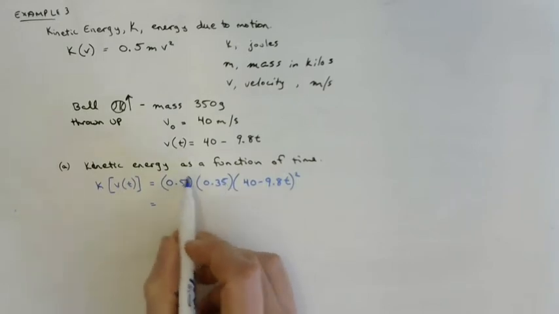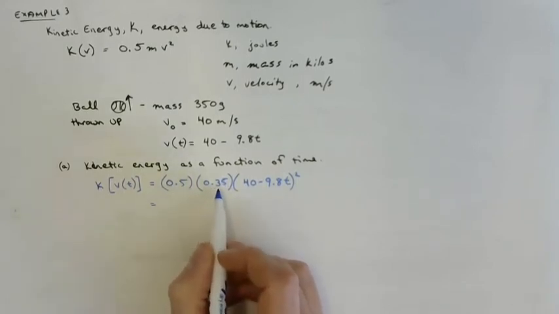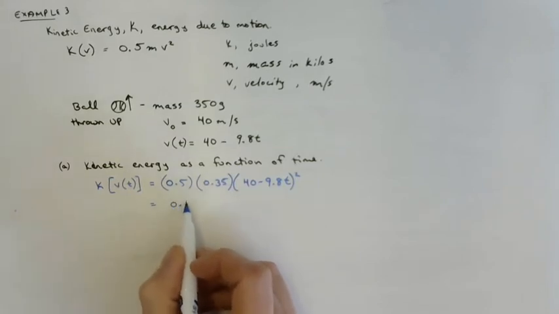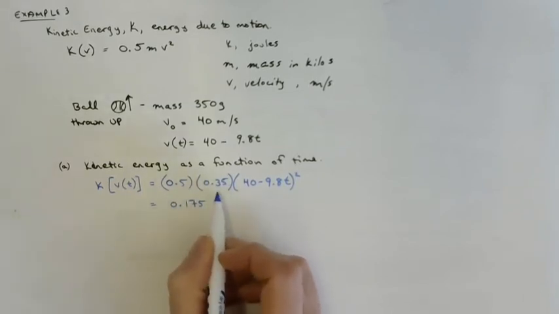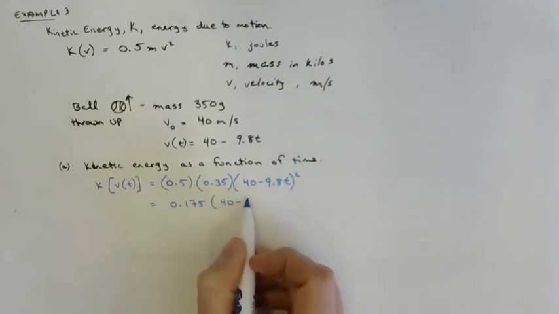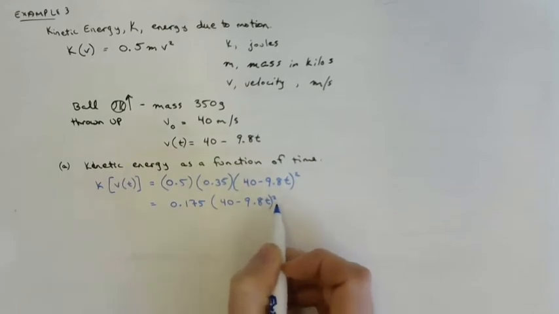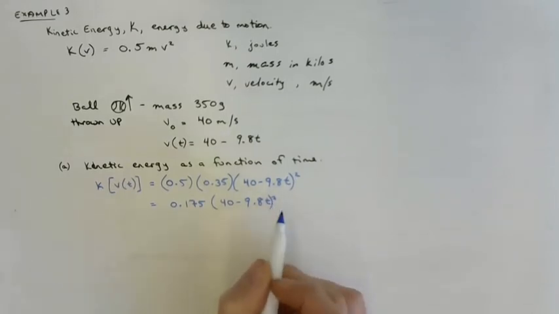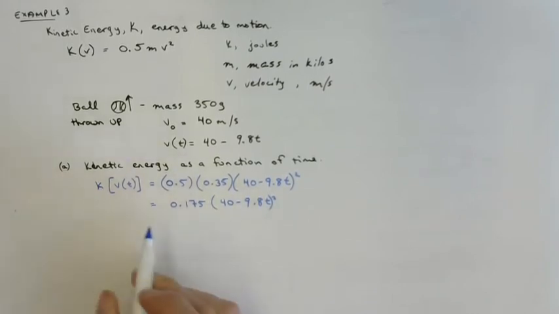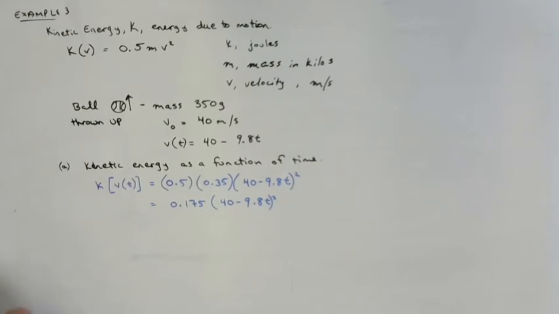We're going to simplify just the first part of this, 0.5 times 0.35, half of 0.35 is 0.175, times 40 minus 9.8t bracket squared. Again, we don't need to simplify this whole thing because we have the power to differentiate as it is, which is what B asks us to do.